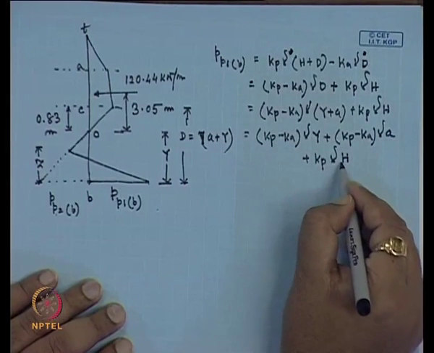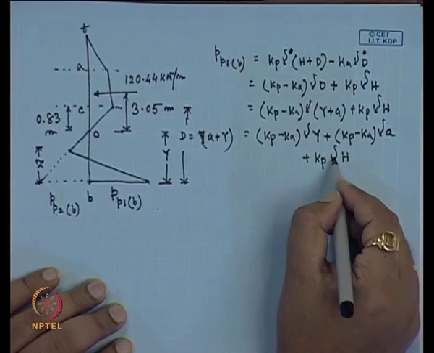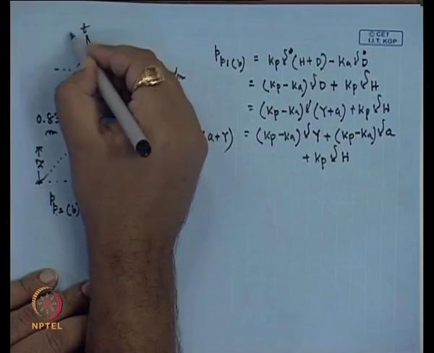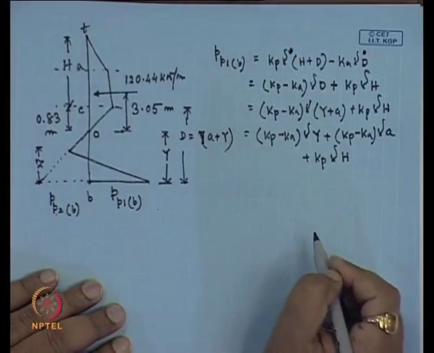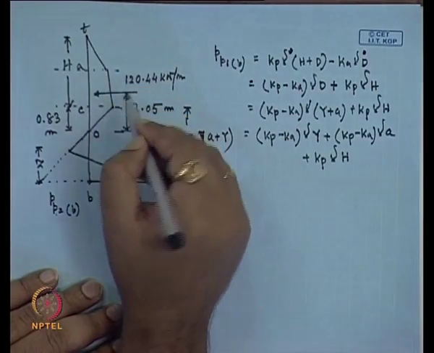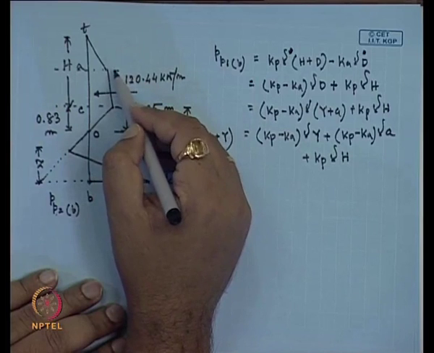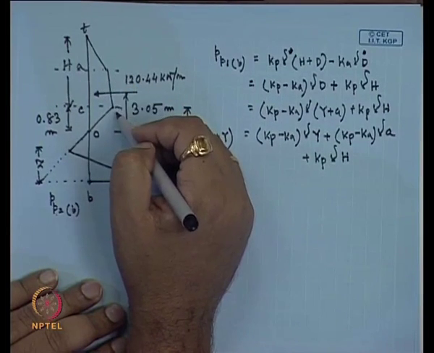But the gamma multiplying H is not constant throughout this height, because in the top 4 meters gamma is 19 kilonewton per meter cube and the rest is 9 kilonewton per meter cube.